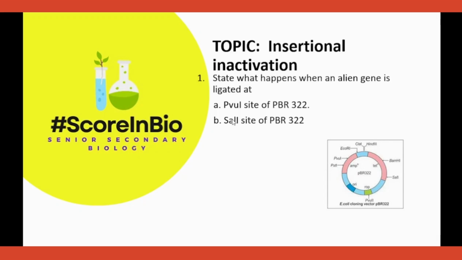The same way, for the other question, the SalI site: this cuts the tetracycline resistance gene. Therefore, the resistance gene is cut, and there is no more resistance to the antibiotic tetracycline. Therefore, the host cell will not be able to grow on tetracycline.